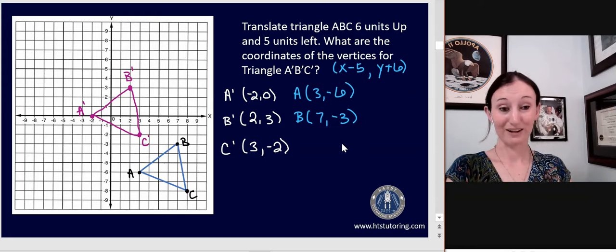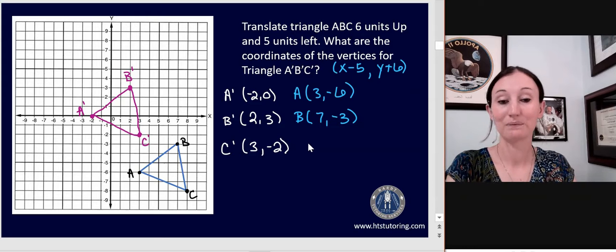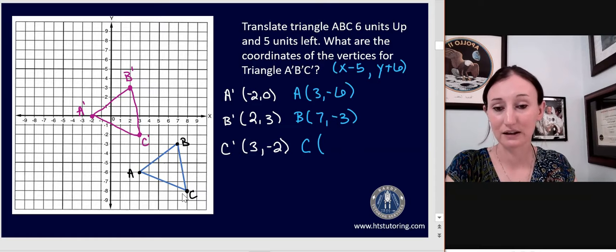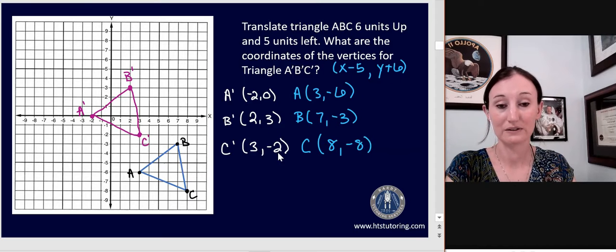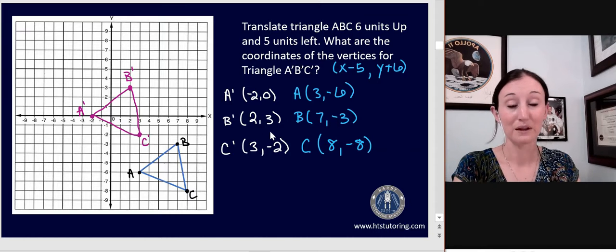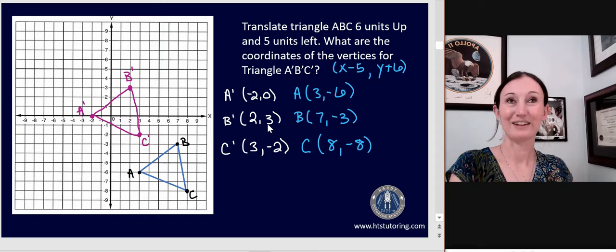So that's also correct, and we're good on B. Look at C. C was at (8, -8). 8 minus 5 is 3. -8 plus 6 is -2. So our C point also matches up.